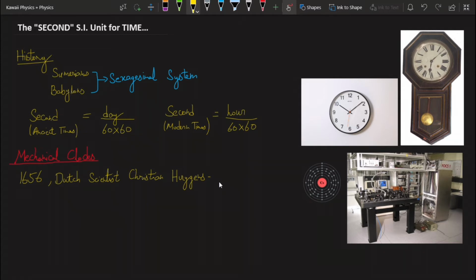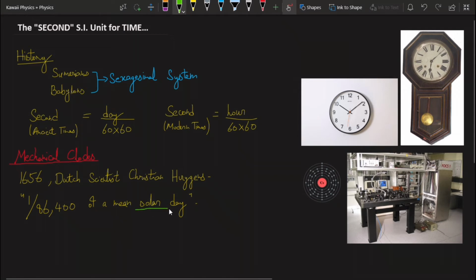Depending on the accuracy of the clocks, the second was defined as, let me write it down, 1 by 86,400 of a mean solar day. I know you're gonna be wondering about this word solar day.